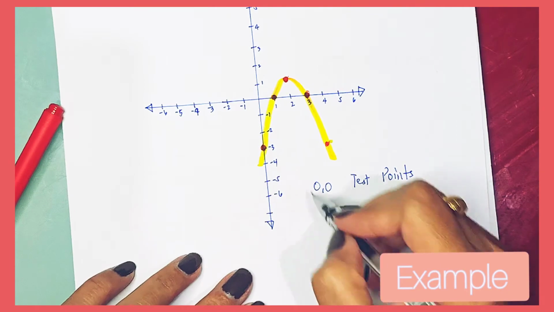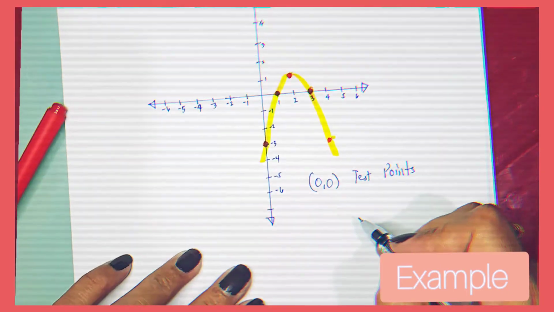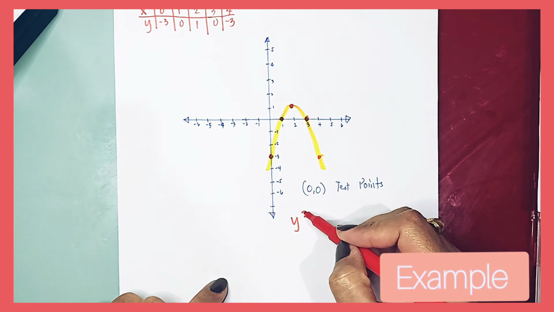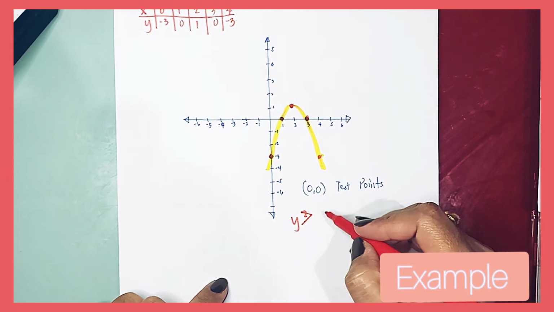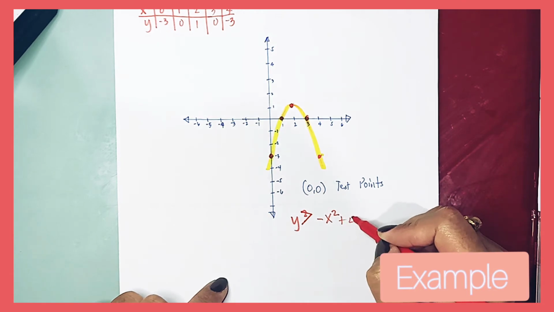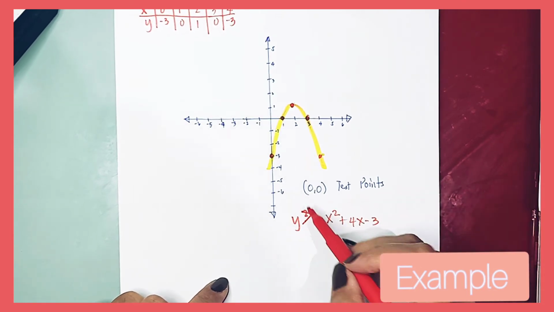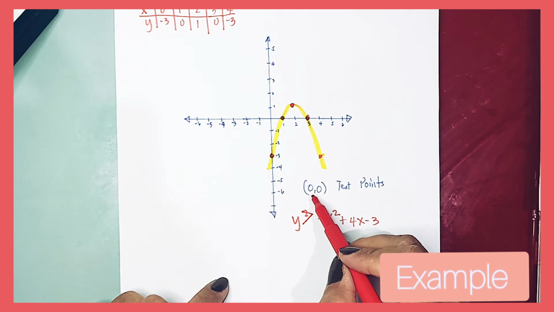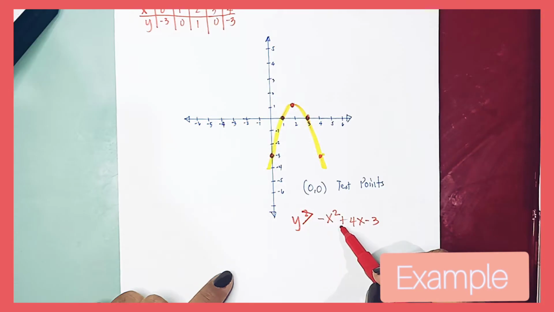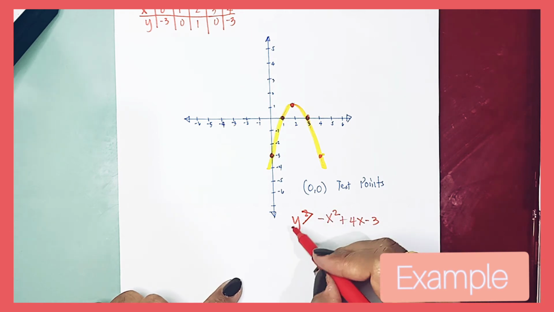So let's solve the coordinates 0, 0 using our equation y is greater than negative x squared plus 4x minus 3. We will substitute the values of 0, 0 to determine if it will satisfy the condition.